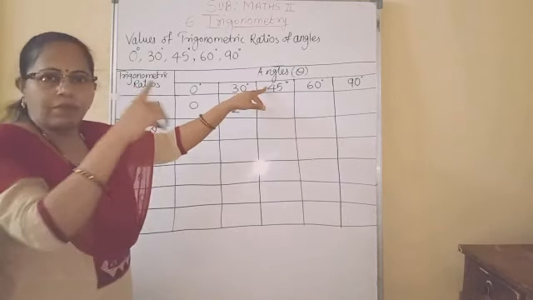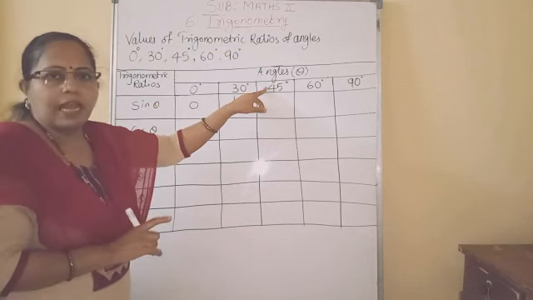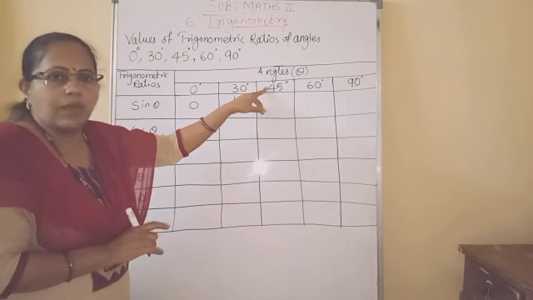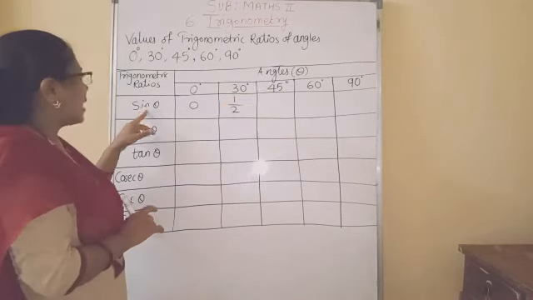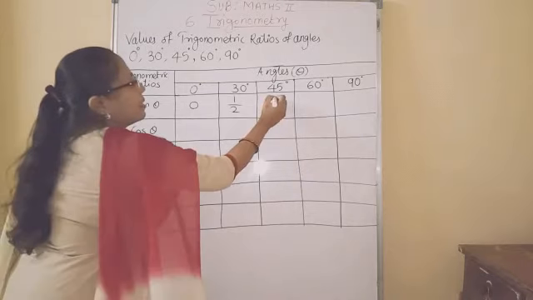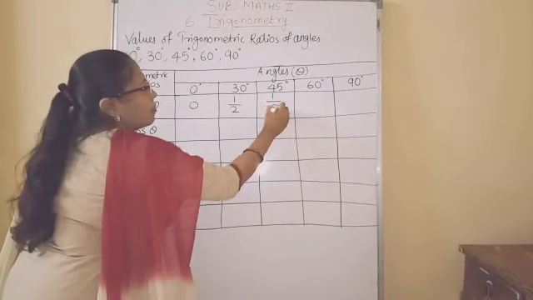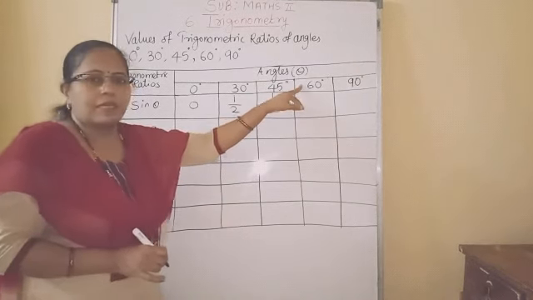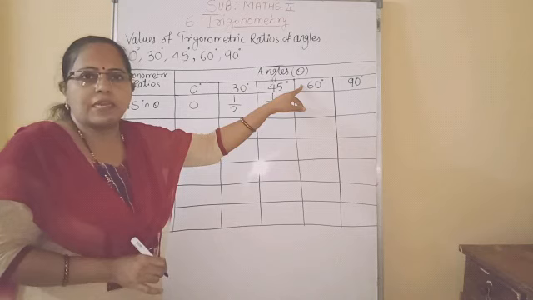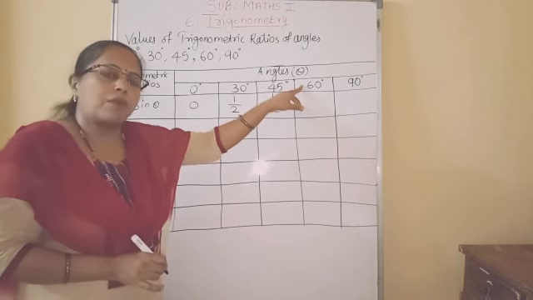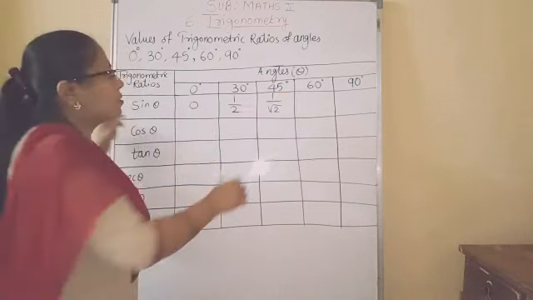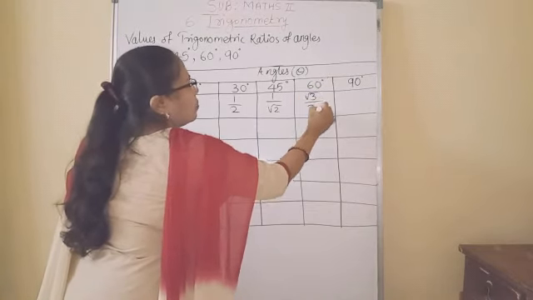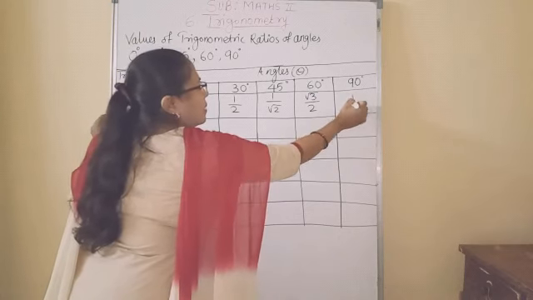Then recall the 45-45-90 theorem. Side opposite to 45 degree is 1 upon root 2 times hypotenuse. So sin 45 degree is 1 upon root 2. Then 60 degree. Side opposite to 60 degree angle is root 3 upon 2 times hypotenuse. So sin 60 degree is root 3 upon 2, and sin 90 is 1.